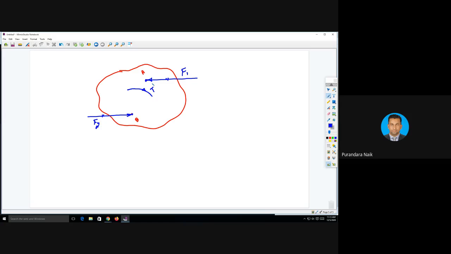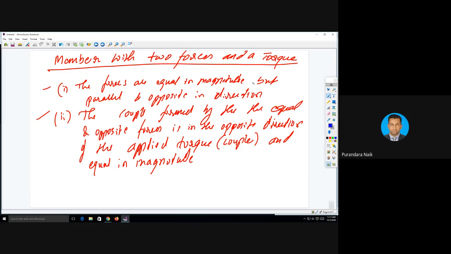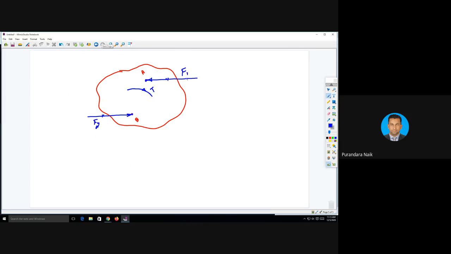Now, how to make it a static equilibrium? What is the condition for static equilibrium? First condition, the forces are equal in magnitude but parallel and opposite in direction. If you apply two forces on a body, these two forces must be parallel to each other.